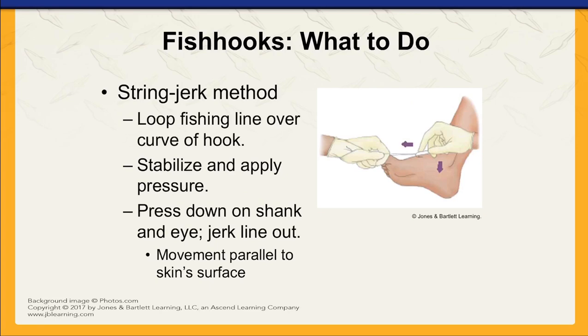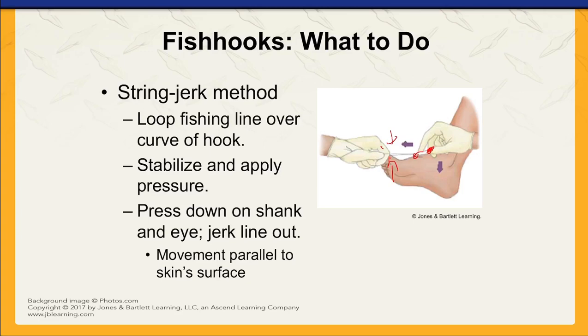The string jerk method, essentially what you're trying to do is disengage that barb. First of all, you want to get this part nice and straight, and then you secure it with a string. You loop it around, making two bands coming out, one string over here, another one over here on this side.